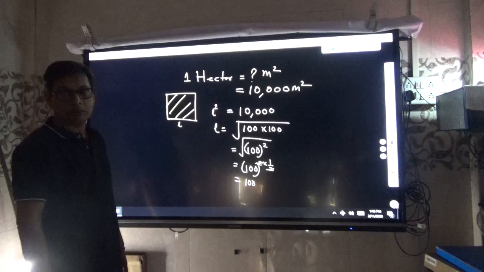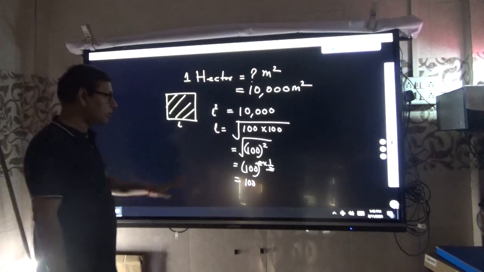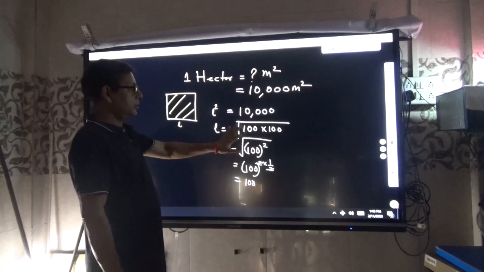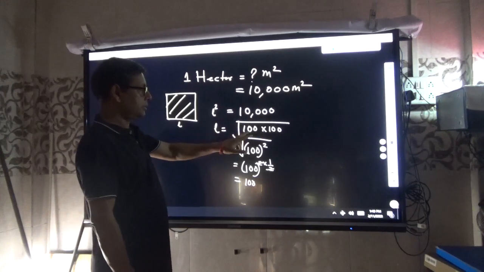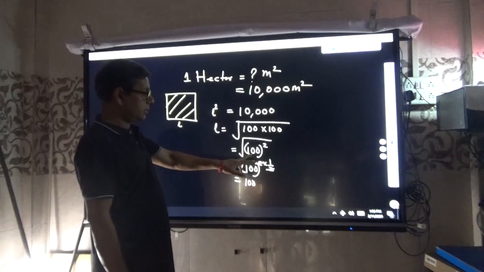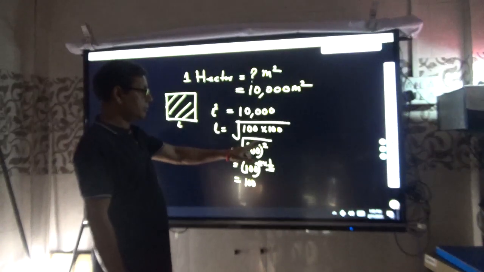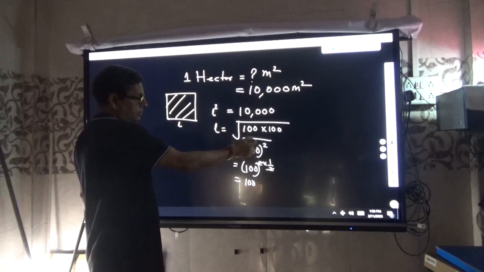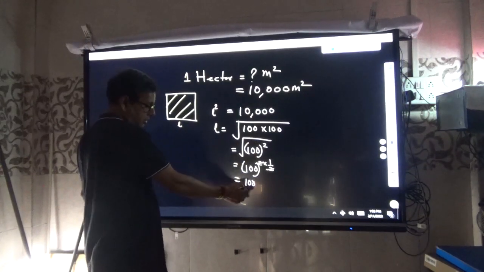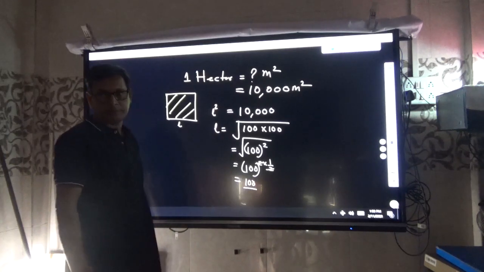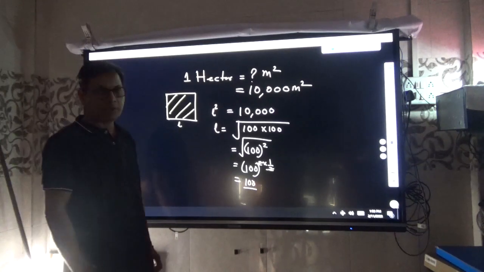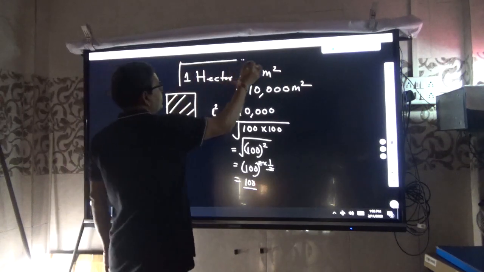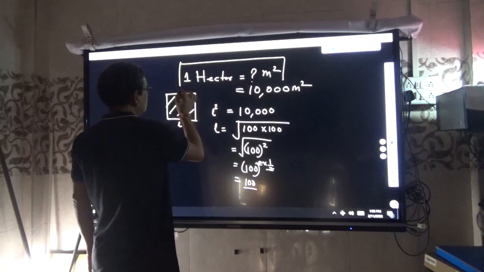Now you should know how to find the square root, but for simplicity, if you multiply two numbers, you can write inside 100 square, and above it we have a square root. When the square root and square cancel out, it gives me 100. Here the only important part is whether you know that 1 hectare is equal to 10,000 meters square. You see your answer.